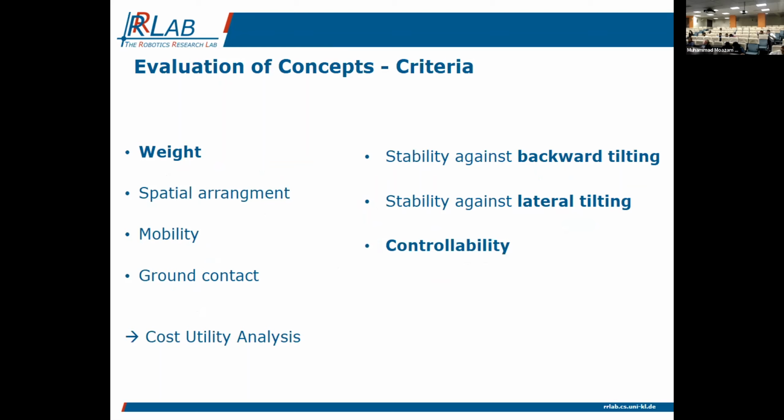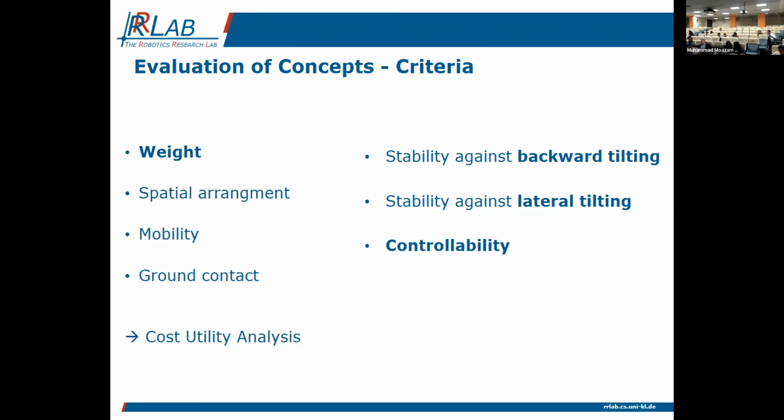And as I said, the weight is of really high importance because we want to make a robot which works as long as possible with the accus on it. And obviously, if you have to move more mass upwards and downwards, you need more energy. And if you need more energy, the accu will not last as long as if it would be a lightweight construction.